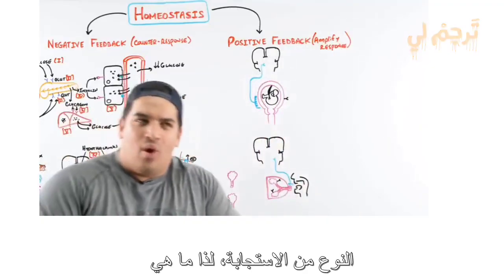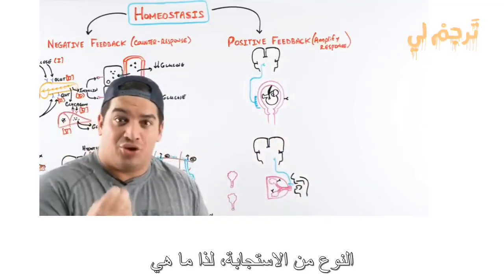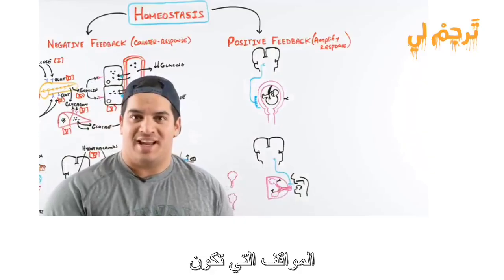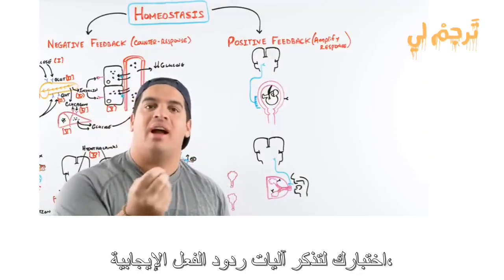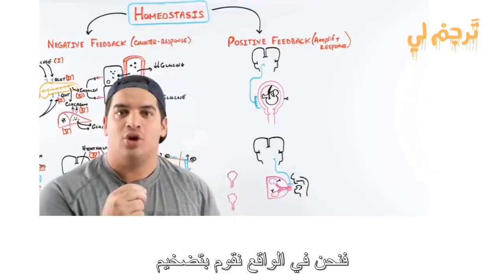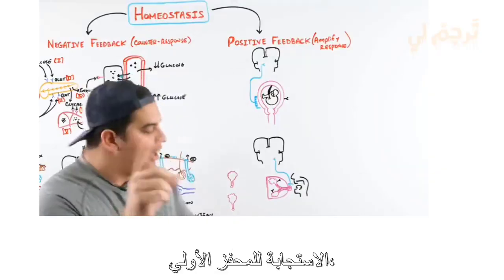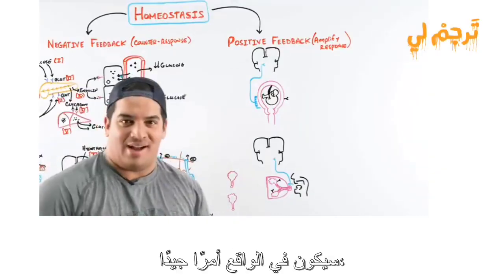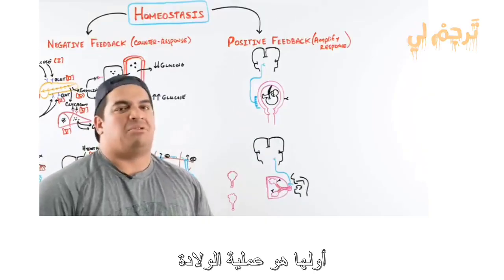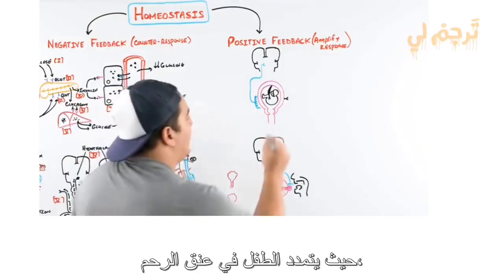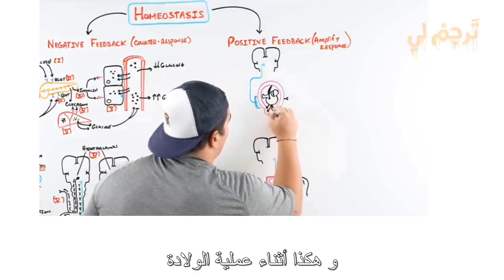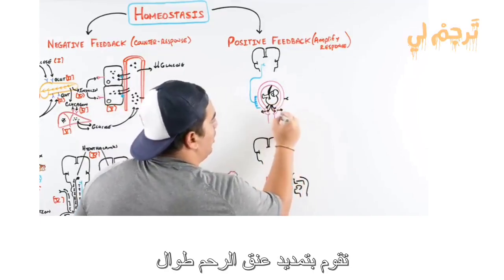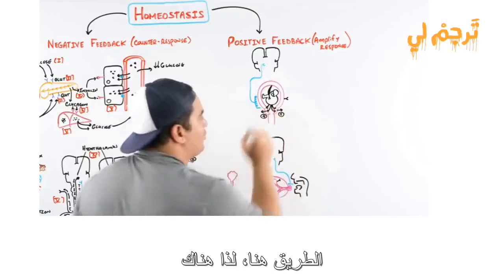So in what situations, which are truly helpful for you to remember for your exam, would amplifying the response to the initial stimulus actually be a good thing? The first one is the birthing process. The baby is stretching the cervix, right? During the birthing process, you're stretching that cervix all the way out here. So there's a great degree of stretching.